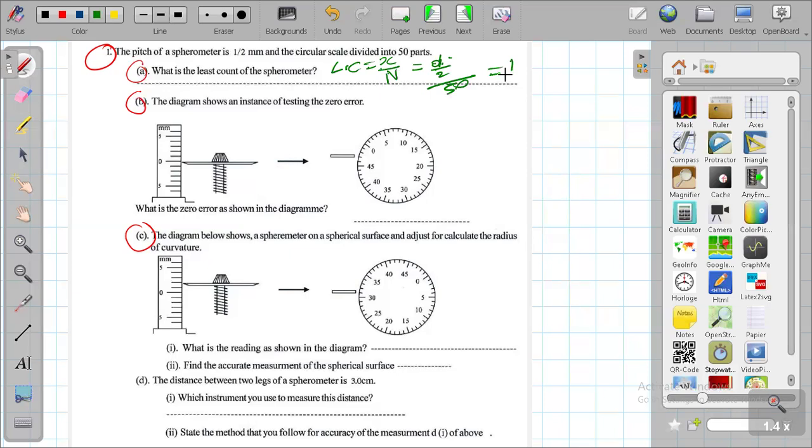So 2 times 50 is 100, giving 1 over 100, that means 0.01 millimeter. That is an obvious answer. So the diagram shows an instance of testing zero error. Now see the zero error, it is lying beneath.